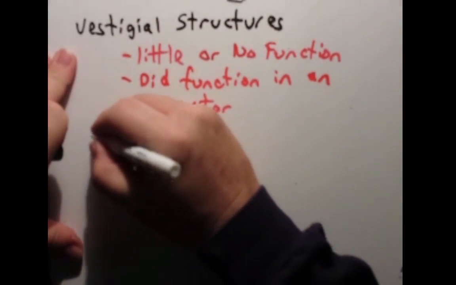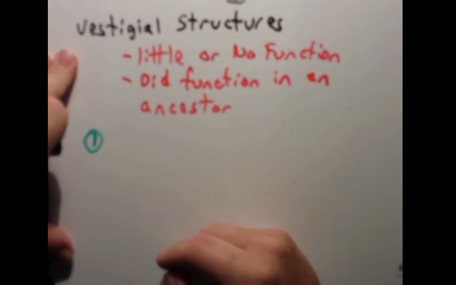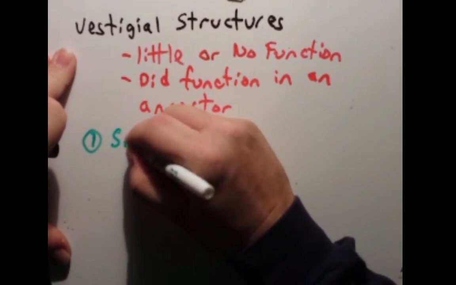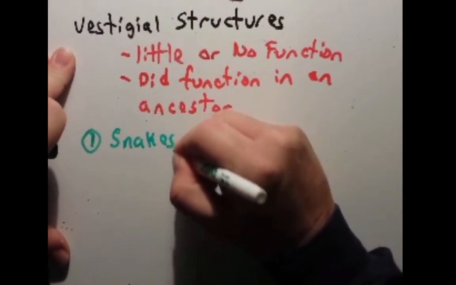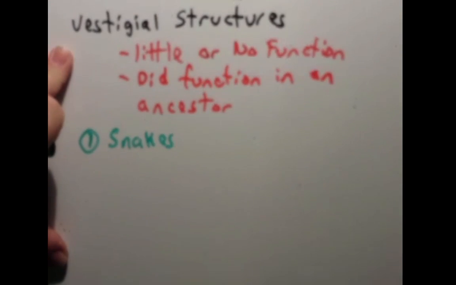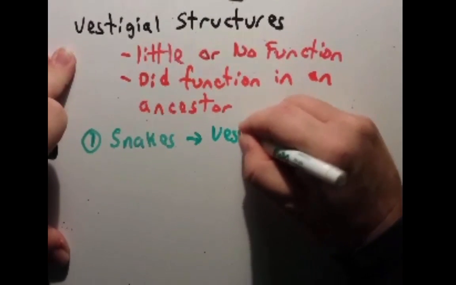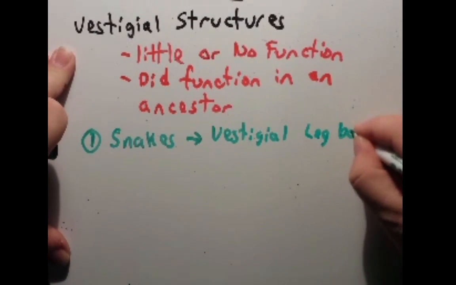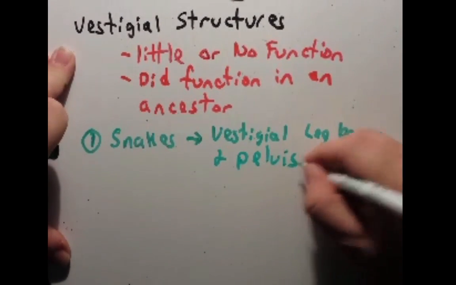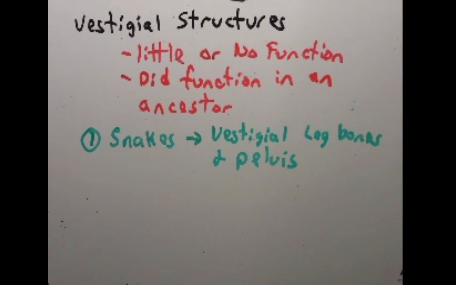Your book cites two pretty good examples. First, snakes still have vestigial pelvis and leg bones. They're certainly not used as leg bones or a pelvis in their current form as a snake, but their ancestors were walking reptiles, and so they did have a purpose for legs and pelvises.